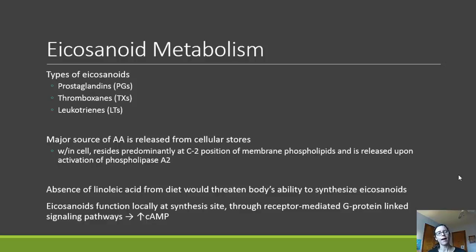So really, if we didn't get linoleic acid from the diet, which remember is a precursor to arachidonic acid, that would threaten our body's ability to synthesize important biomediators as well. So when eicosanoids are formed from the metabolism of arachidonic acid and EPA, they function locally at the site where they were synthesized. And they do this through second messenger systems.